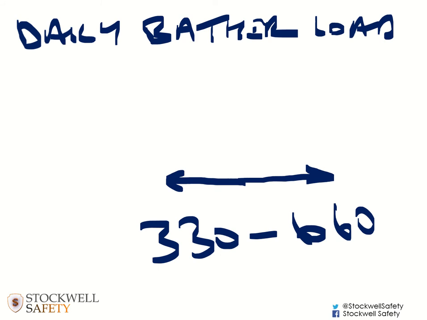You'll get to know how many bathers can use the pool on a daily basis before you start to see a deterioration in water quality. I think the key point with this is you've got to have some sort of limit. You've got to have given some thought to the daily bathing load, and remember to include it in the normal operating procedure.